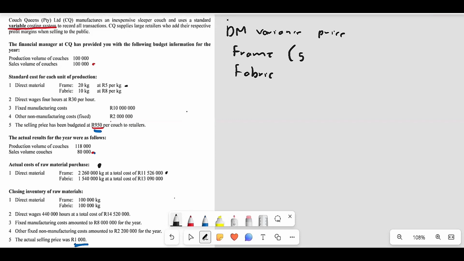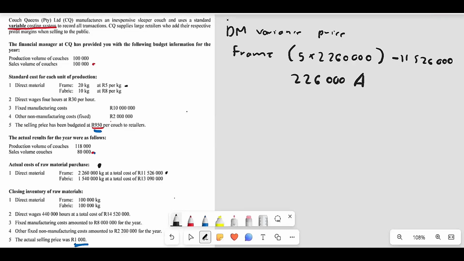So now you take the 5 rand per kg multiplied by the 226,000 and you less the actual cost. So this will give you an amount of 226,000 adverse as it is negative.